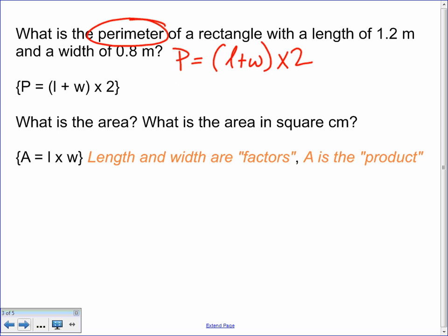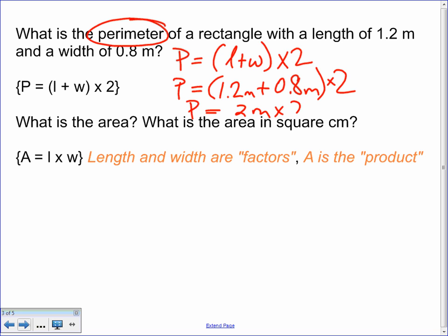So I've got 1.2 as my length and 0.8 as my width. My perimeter, 1.2 plus 8/10 is 2 meters, times 2. So my perimeter is 4 meters.